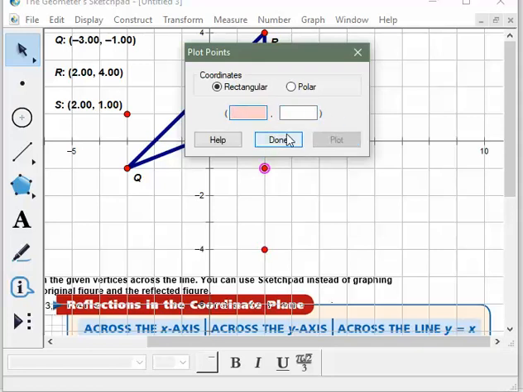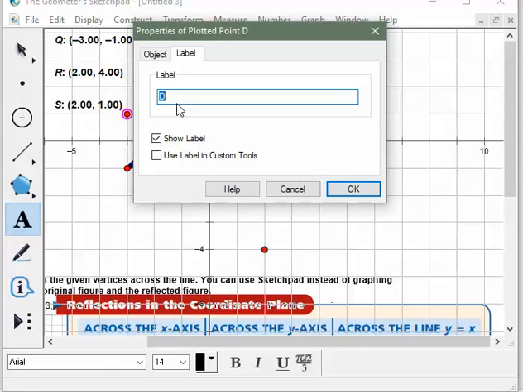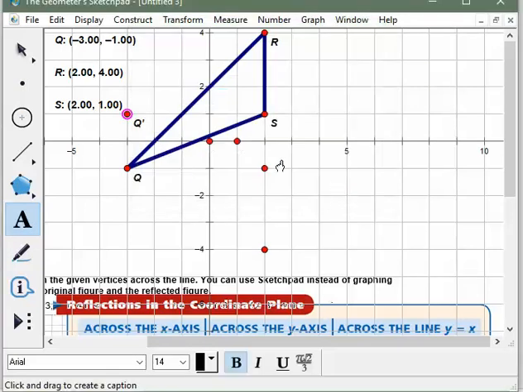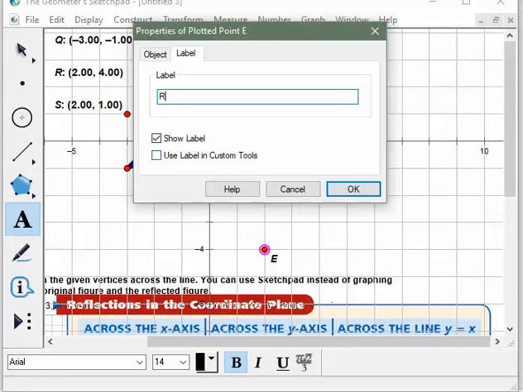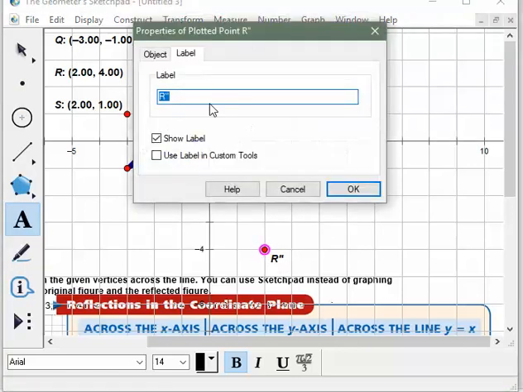So I've got the 3 coordinates of my image up here. I'm going to label them as Q prime with an apostrophe after it. And the next one is R prime. Just double click to change the default letter that they're giving you. Oops, I did a wrong symbol there. There we go.